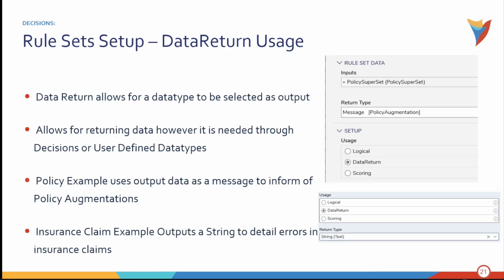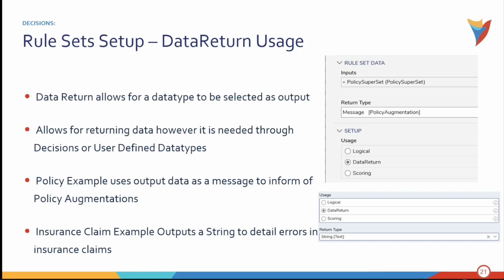The next and probably more popular option is data return. Data return allows you to just select any data type of your choice to be the output. You could select Decision's native types, either simple ones like strings and integers, the more complex ones like assignments and accounts, or you can create your own data type, and whatever you create can be the output.